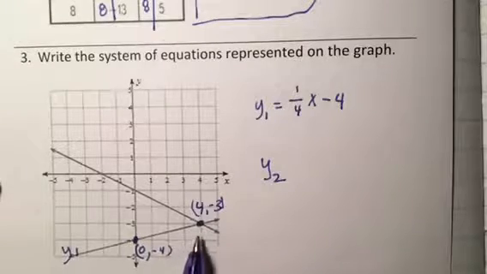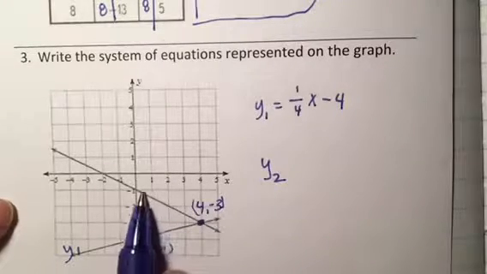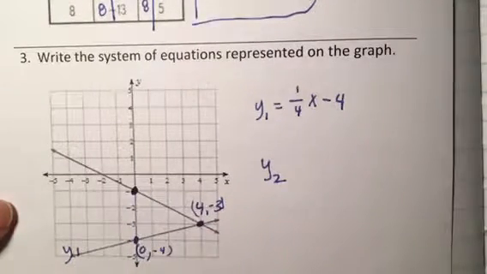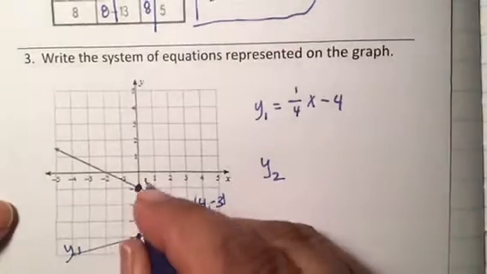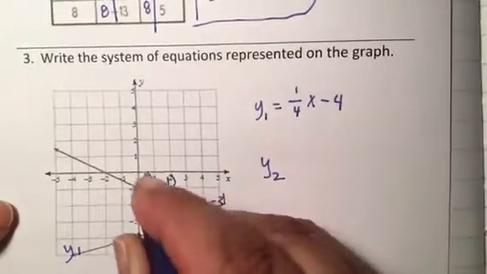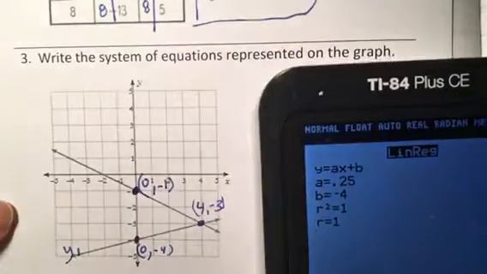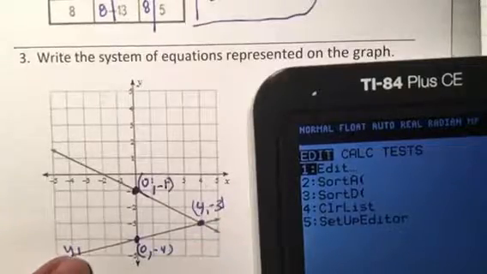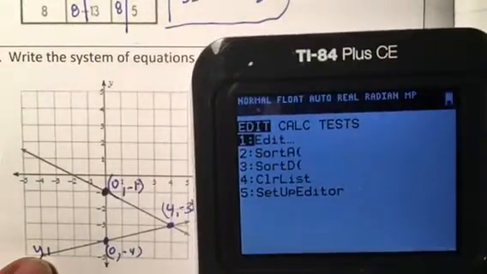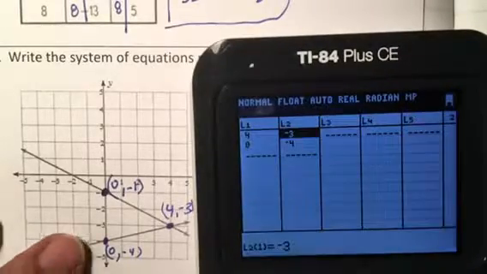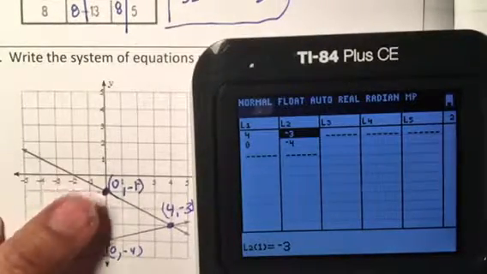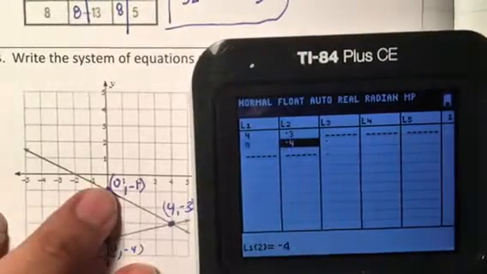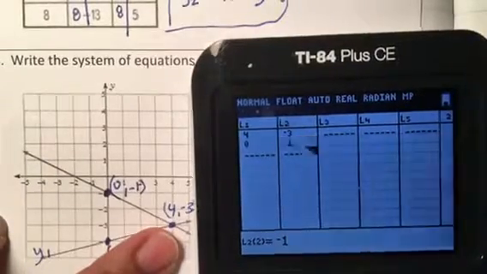Alright, and then this one, we're going to try to find another line. Just so happens to be that it's on the y-intercept. That point is 0, -1. So now I'm going to use that other point, since that's actually our solution right there, but not what it's asking for. Press stat, enter. Okay. So our x's are the same on this one, but our y for this one should be -1.